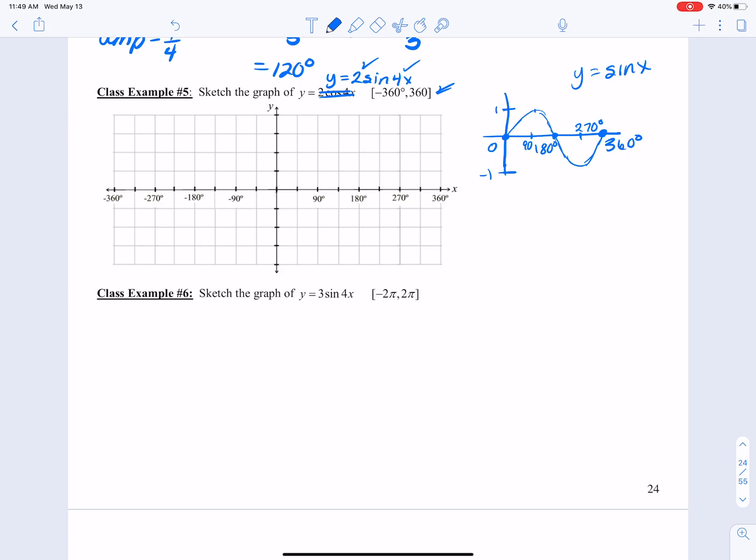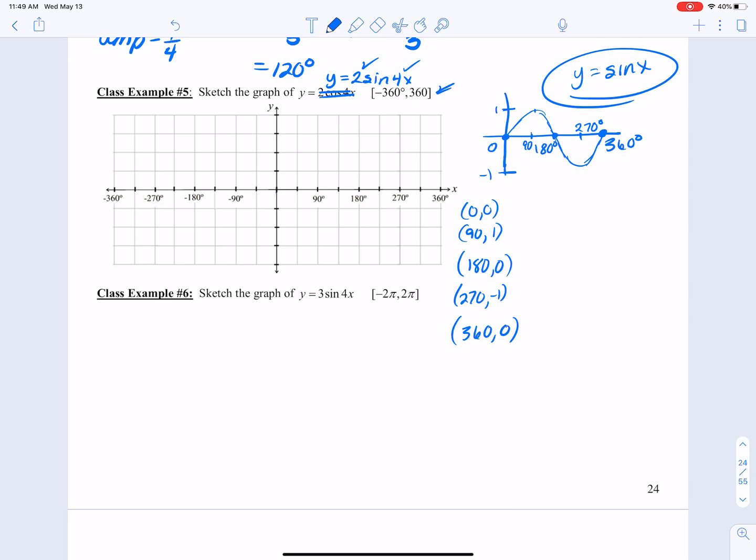So if I take my key points here, they're at 0, 0, 90, and 1, 180, and 0, 270, and -1, and 360, and 0. So these are from the graph of just y is equal to sine of x.